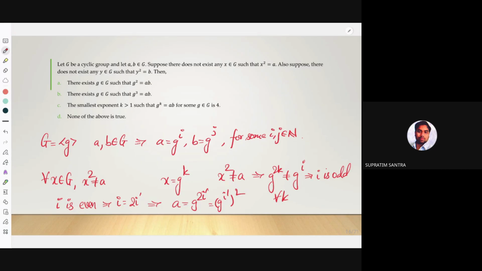So if i is even, a can be written as square of an element. So if a cannot be written as square of any element, which means i is odd. So is this clear? Yes, sir. Clear. Okay. So we get that i is odd.